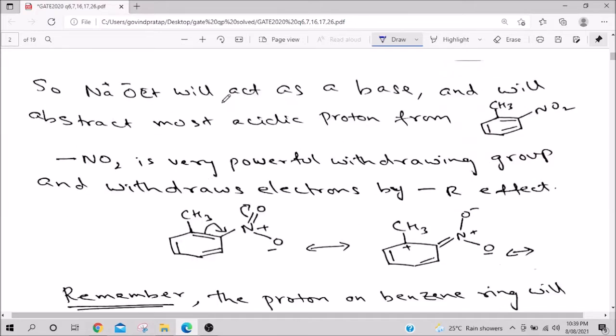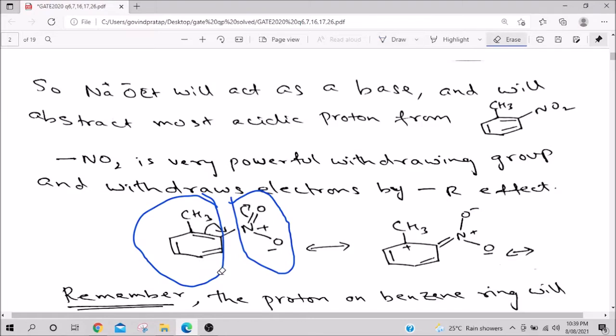So sodium methoxide acts as a base. Now we see two choices: either it removes a proton from CH3 or it removes one from the benzene ring. So let us look at why nitro. If a proton is removed from this molecule and you get a negative charge on the ring, nitro will stabilize it.